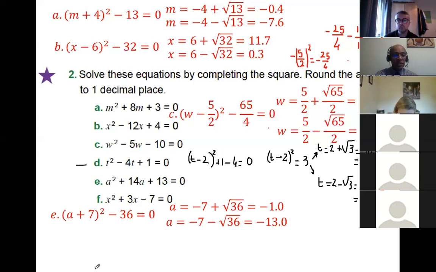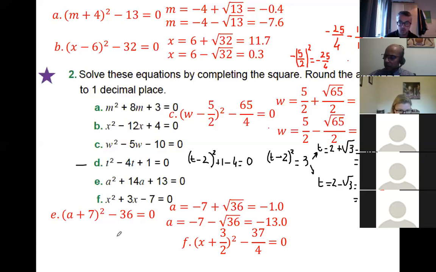So let's see, that should be x plus 3 over 2 squared, because we need to compensate with minus 9 over 4. So you need to do minus 9 over 4 minus 36. Let's try this: minus 9 over 4 minus 36.